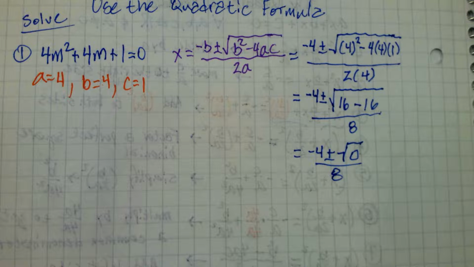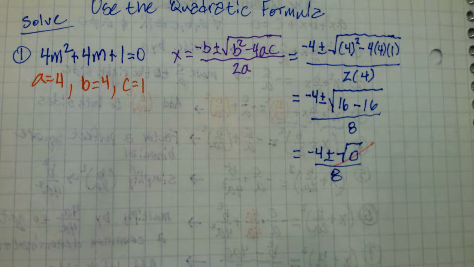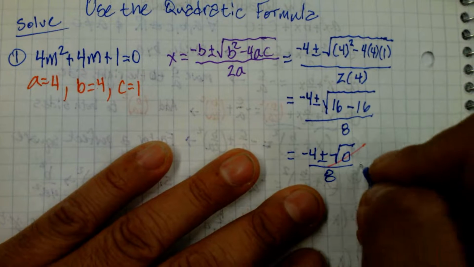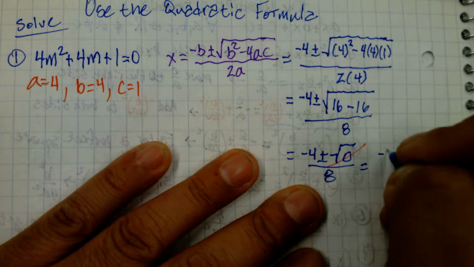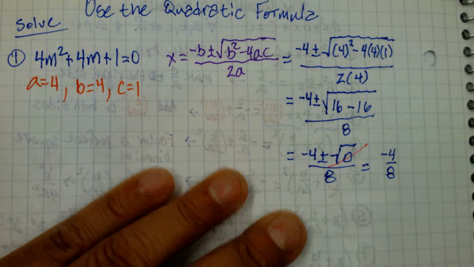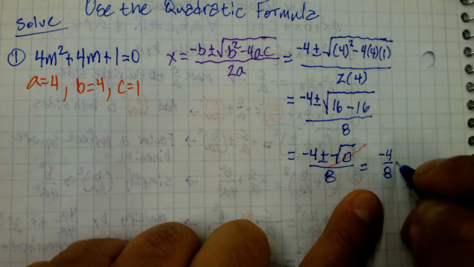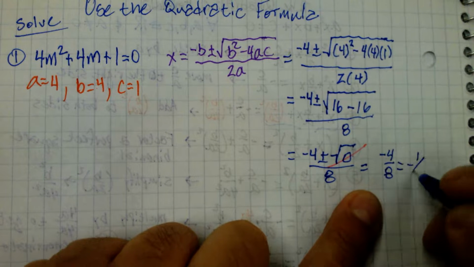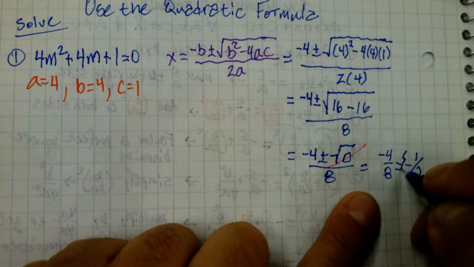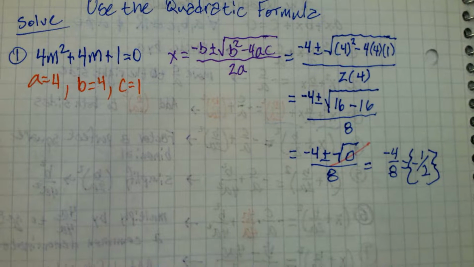Because we know that I'm going to get negative 4/8, and that simplifies down to negative 1/2.